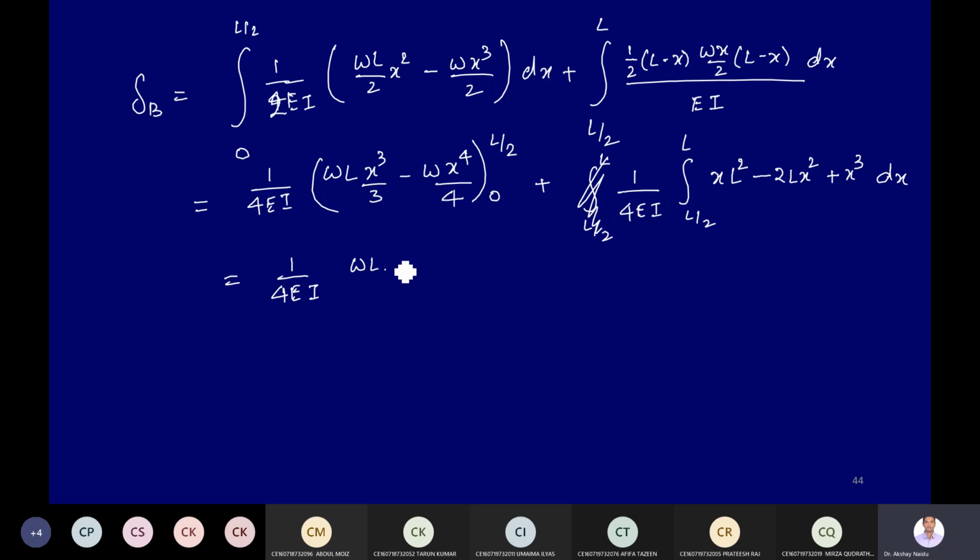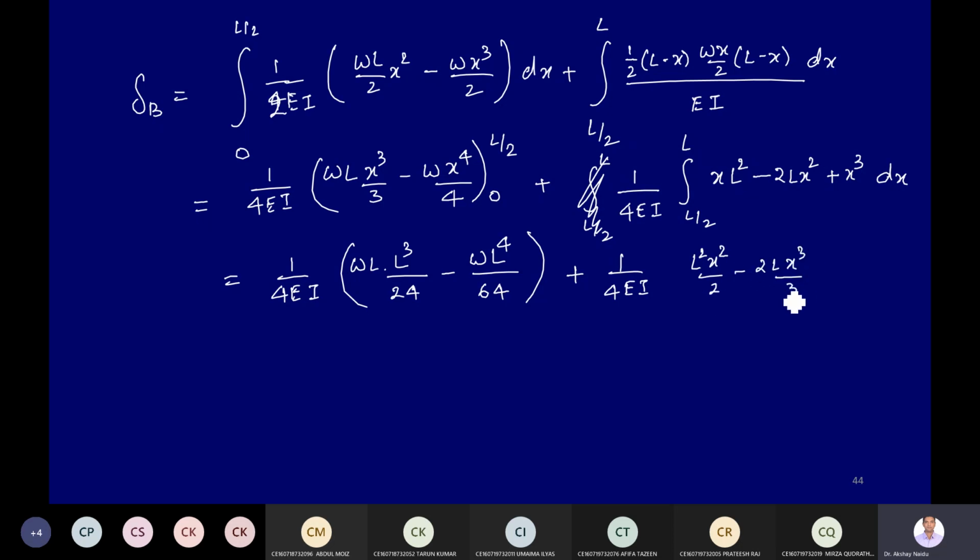This is WL into L cube by 8 3s 24 minus WL power 4 by 16 4s 64, plus L square x square by 2 minus 2L x cube by 3 plus x power 4 by 4. W out.